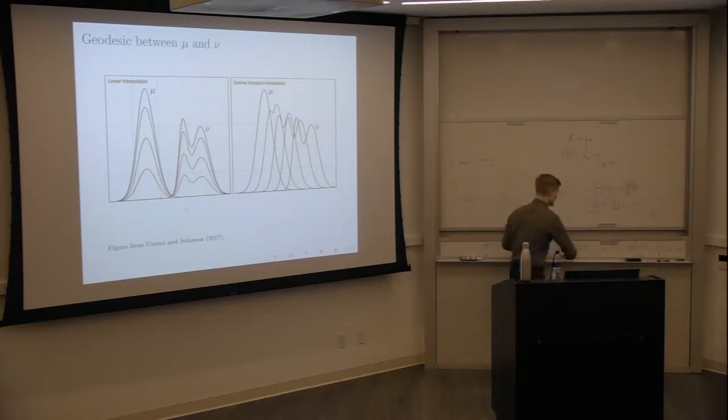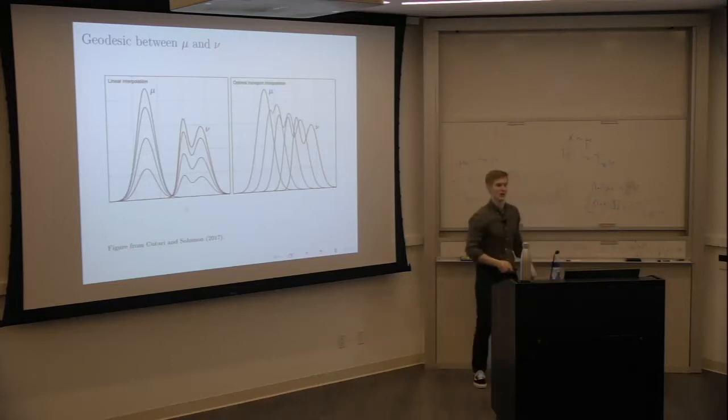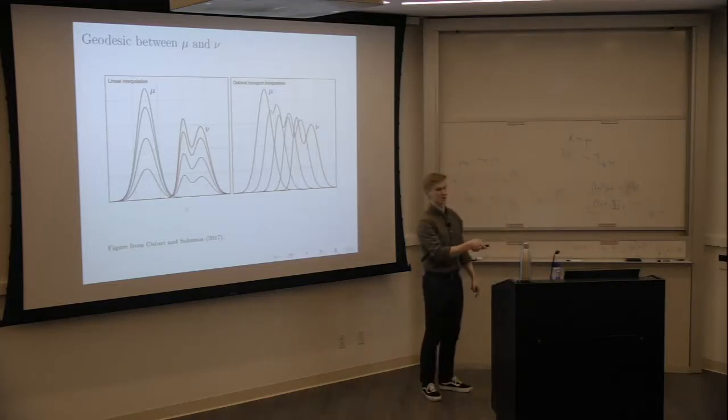So this says that we're starting with mu, and then we're mixing in more and more of the transport map that takes mu to nu. That happens to be what this interpolation is.